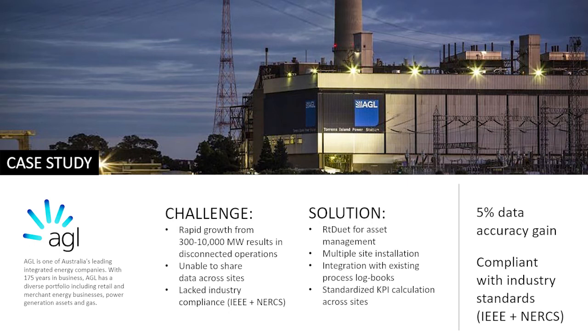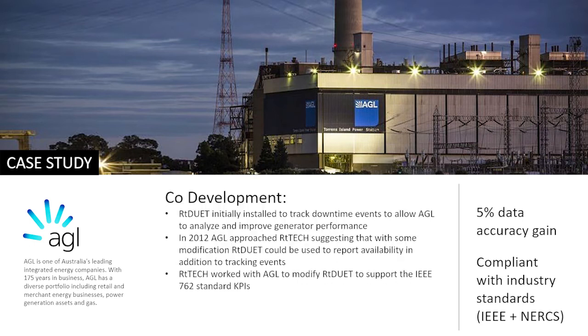We ran a test there for 3 months, and we found that they were underreporting their availability by 5%, which is absolutely massive. We were chasing improvements that didn't exist or were going to be a lot more expensive to implement because we were much higher on the availability table than we thought we were. Yeah, I think that gives you an idea of where we were and where we got to.